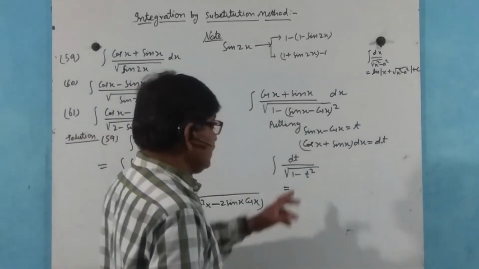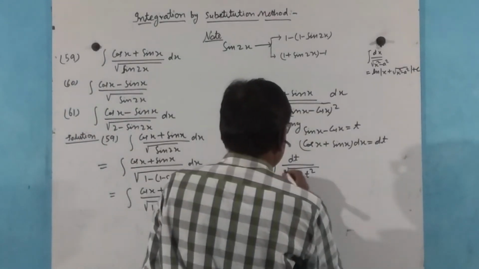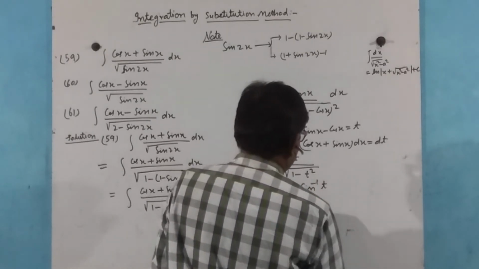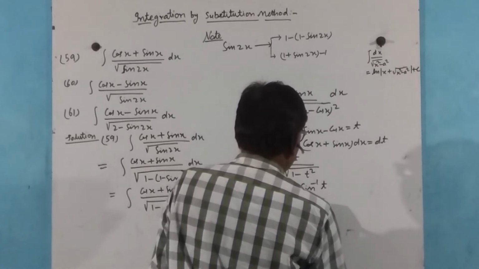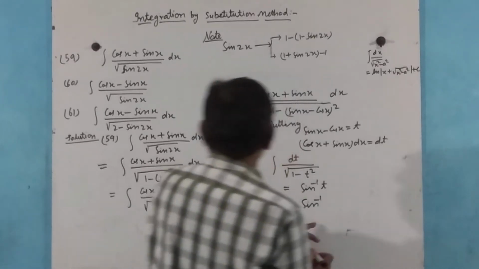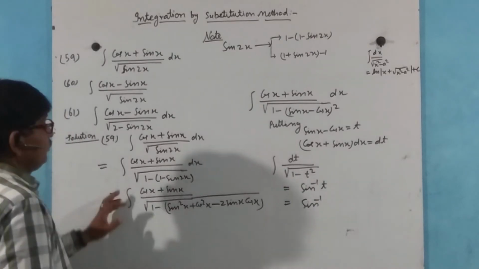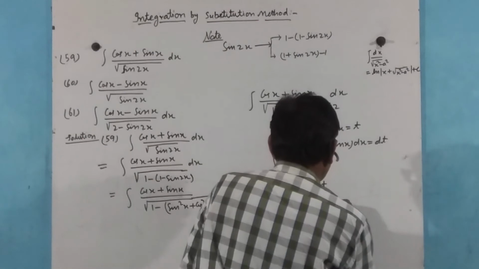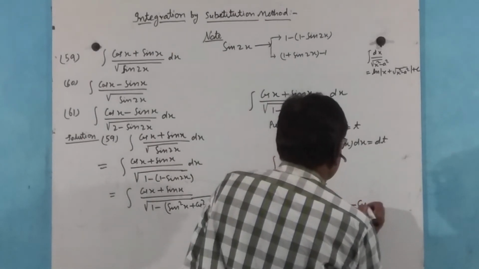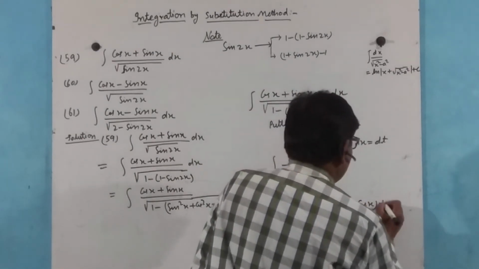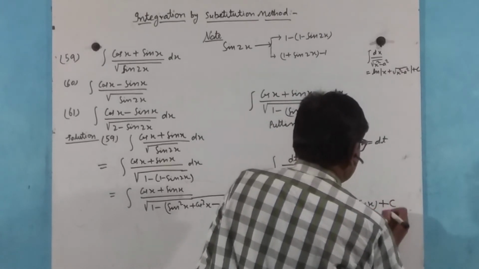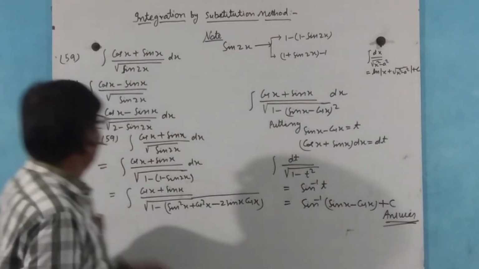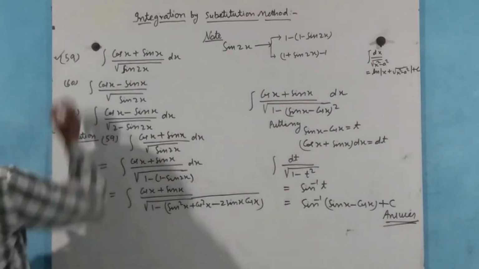Here, in this case, the integration is sin inverse t, and putting t equal to sin x minus cos x, we get sin inverse of (sin x minus cos x) plus an integrating constant c. This is the integration of our problem 59.